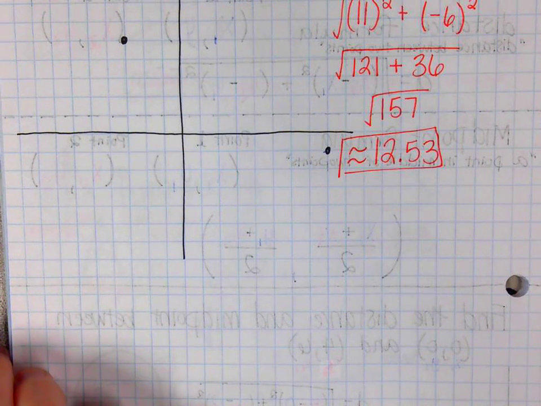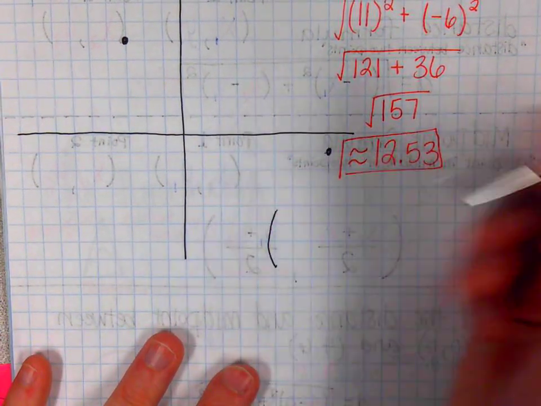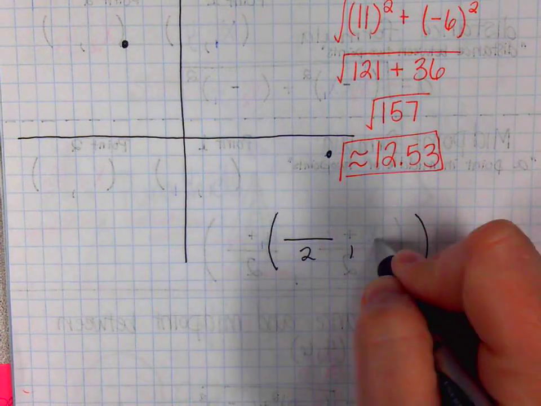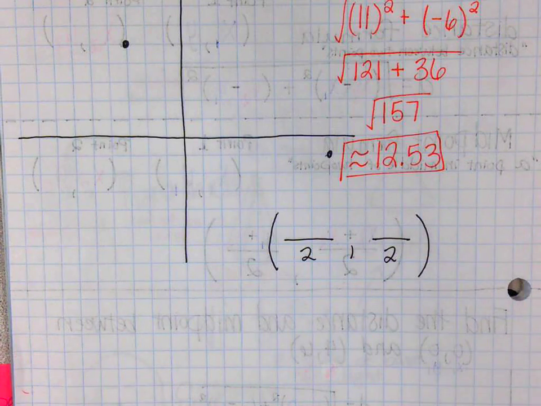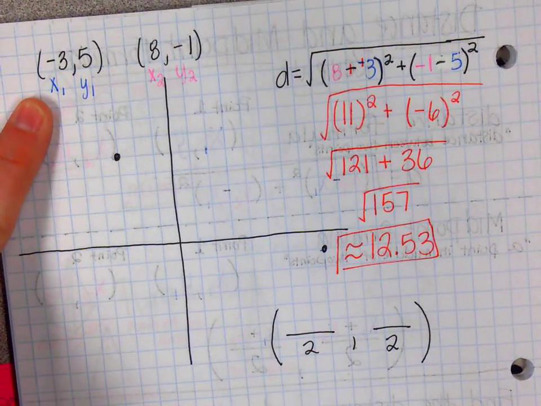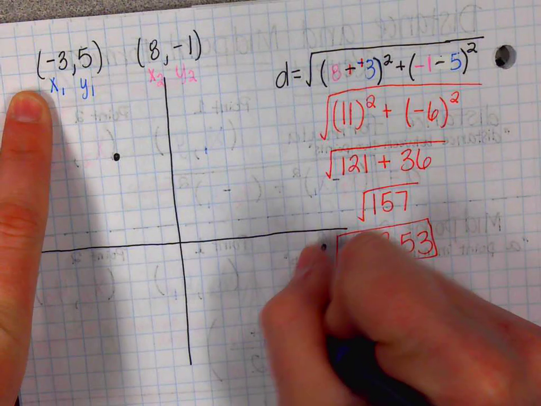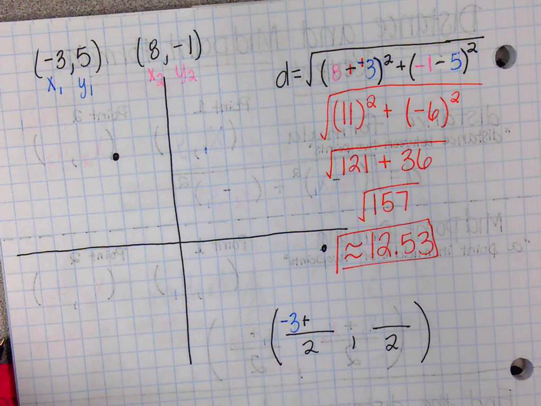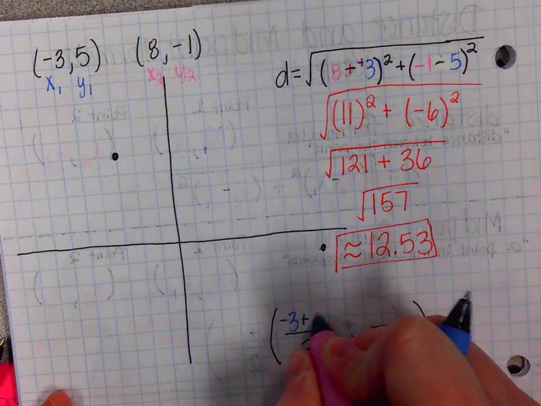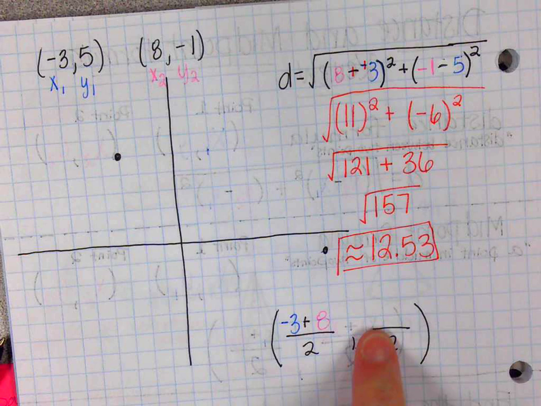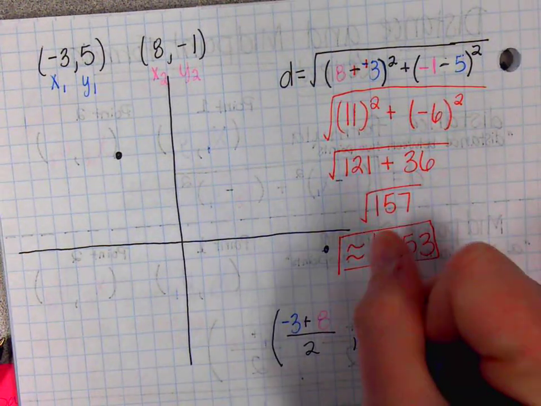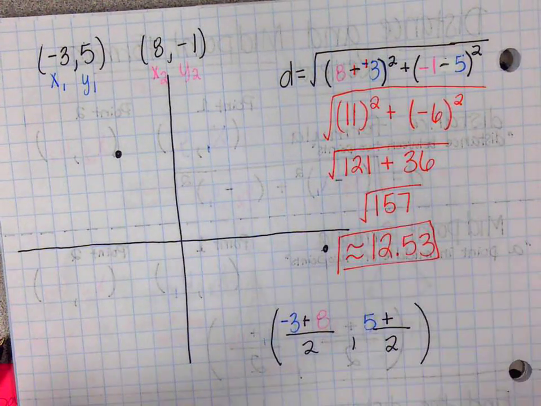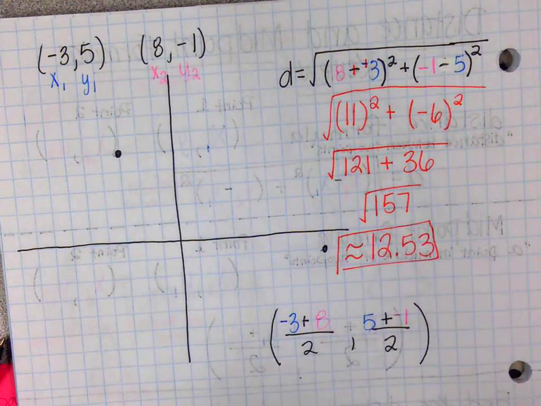Okay? And now let's do the midpoint. So again, both of them divided by 2. It'd be x1. If you look back up here, x1 is -3 plus x2, which is 8. Then we have y1, which is 5, plus y2, which is -1.